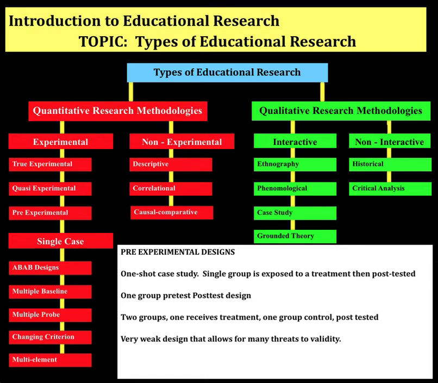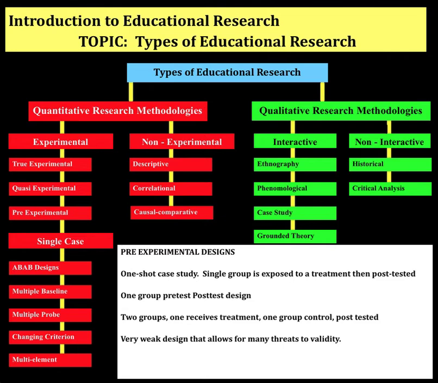And this would be something like a one-shot case study. You have a group, you expose them to a treatment, and you give them a post-test. And if they improve, you can say, well, okay, maybe the treatment was responsible, but you have to be very careful. So pre-experimental is the weakest of the experimental ones.